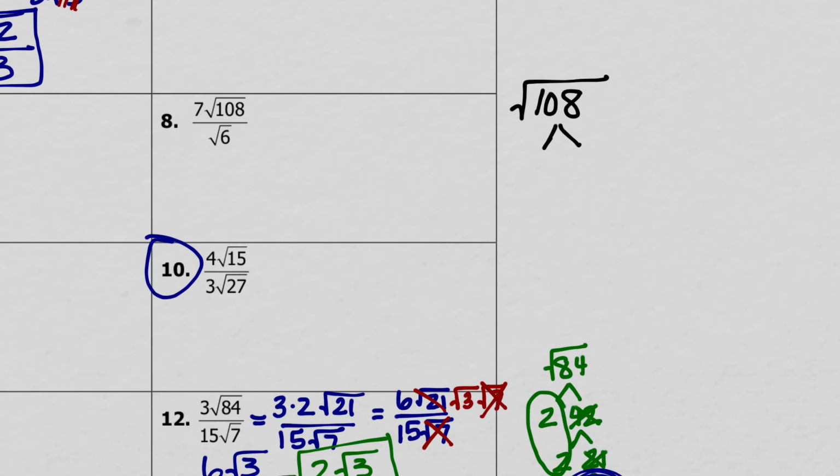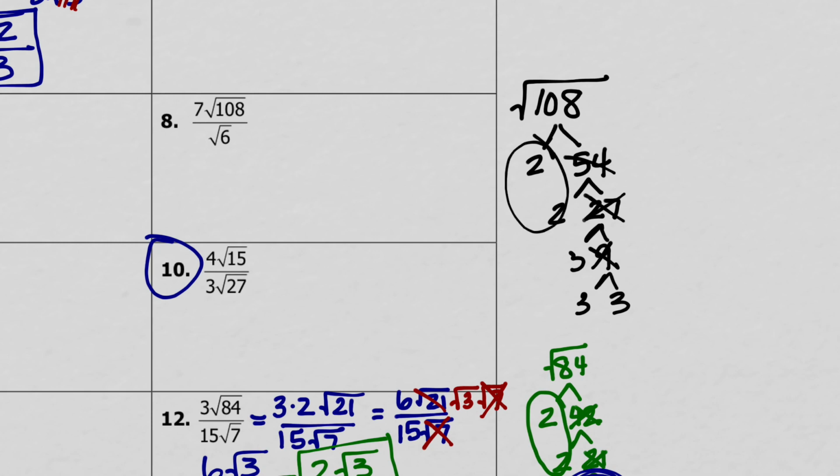Well, it's even, so 2 goes into it 54 times. 54 is even. 2 times 27 is 54. 27 is not prime, but 3 goes into it 9 times. And 9 is not prime. 3 times 3 is 9. And now I have all primes that multiply to 108.